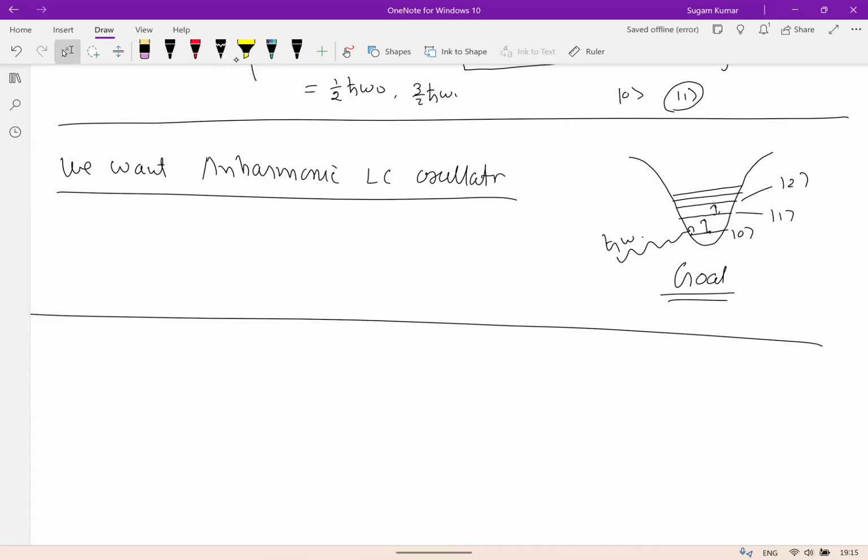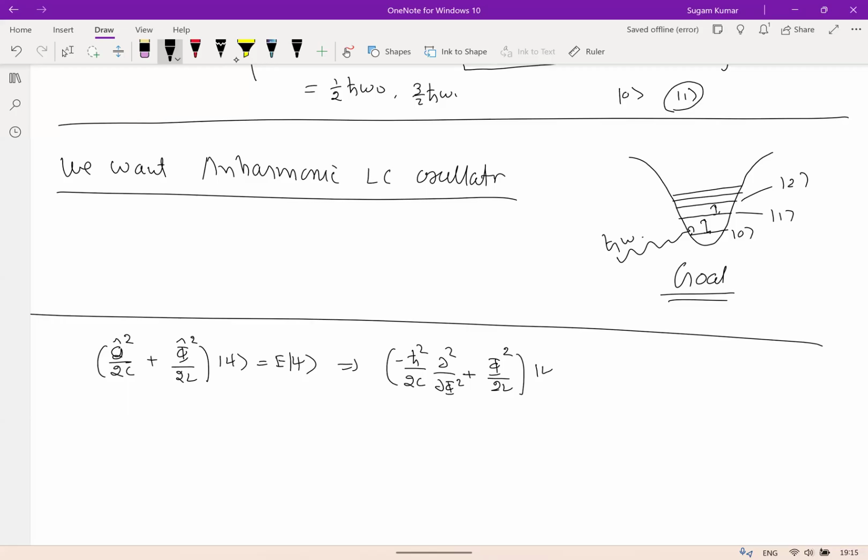For example, I said (Q²/2C + Φ²/2L) ψ = Eψ, and this is also equal to (−ħ²/2C ∂²/∂Φ² + Φ²/2L) ψ = Eψ.